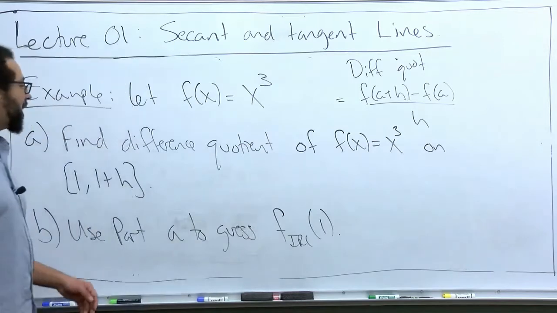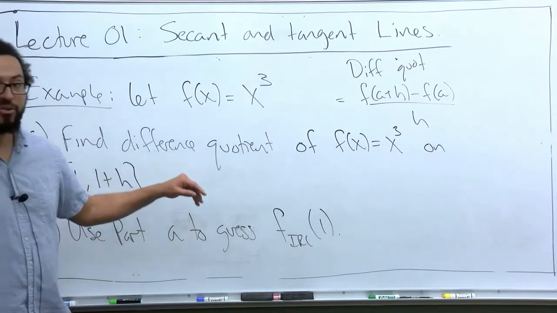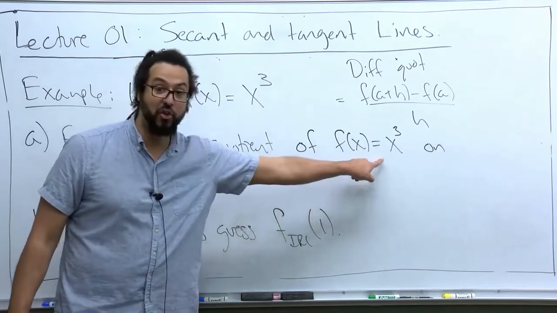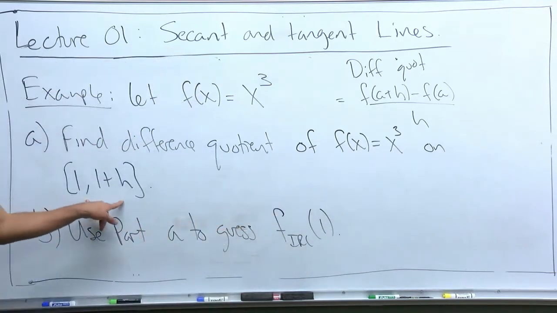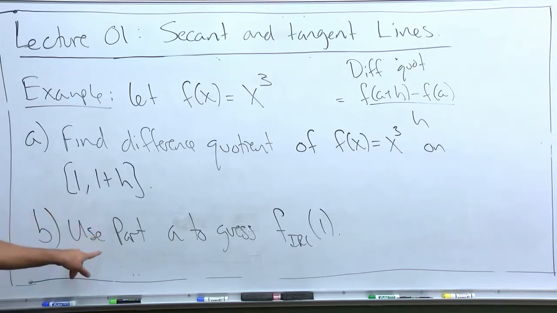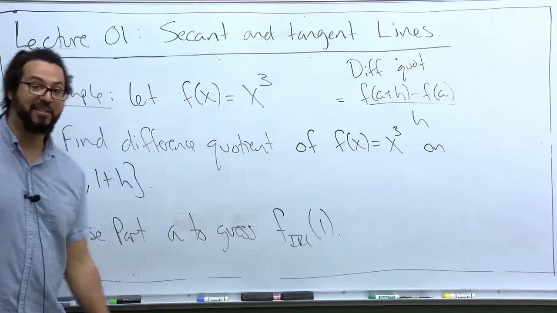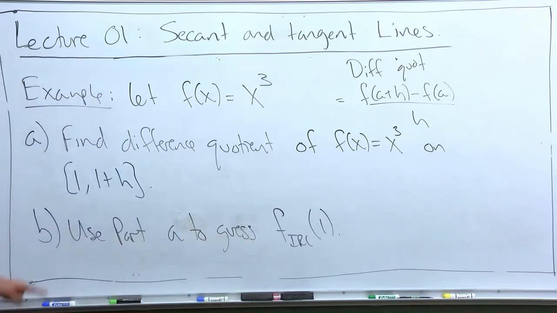Anyway, we want to find the difference quotient, or the average rate of change, of the function x cubed on the interval from 1 to 1 plus h. We'll draw a picture and see what that tells us in a second. And then we want to use part a to see if we can make a guess for the instantaneous rate of change at the point where x is equal to 1.